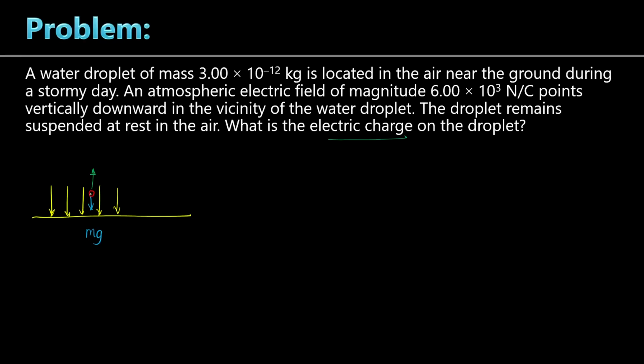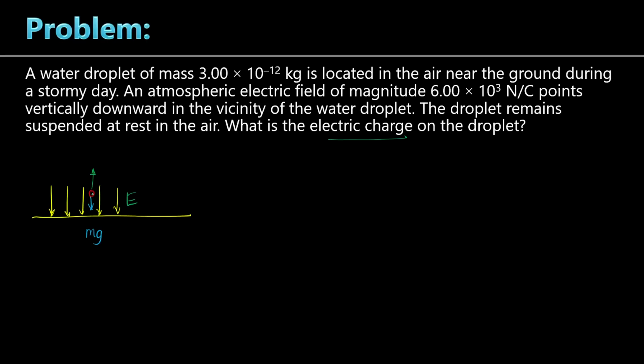At kung siya ay may charge, meron tayo ditong electric field, 'di ba? Kapag may charge na nakalagay sa isang electric field, that charge always experiences a force. Kaya 'yan, meron tayong upward force, 'di ba? So dito ang electric field ay pababa at ang force na nararamdaman niya ay pataas. Bakit? Kasi nga kinokontra niya yung weight which is due to gravitational force. So kung itong force na to pababa, hindi lulutang yan, 'di ba?